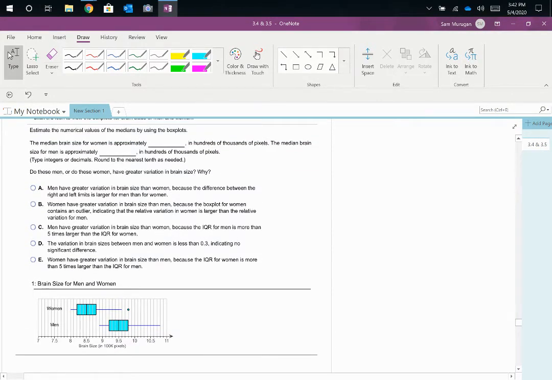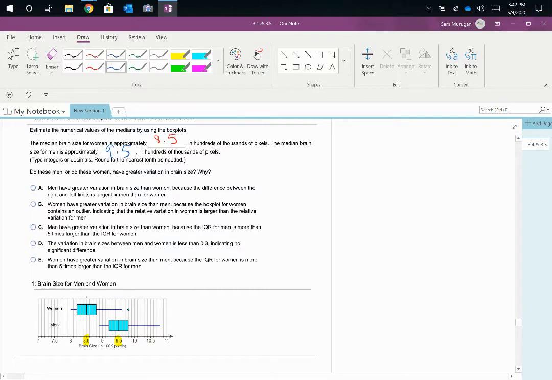and we can see that for women, the median value is around 8.5, and for men it's around 9.5. Now, to find variation, we would have to look carefully at the variation between quartile 1 and quartile 3.